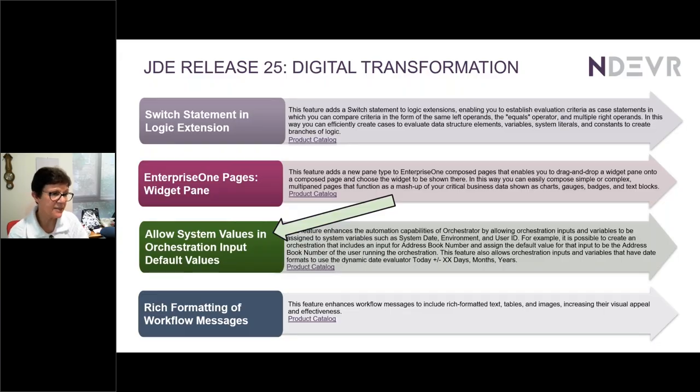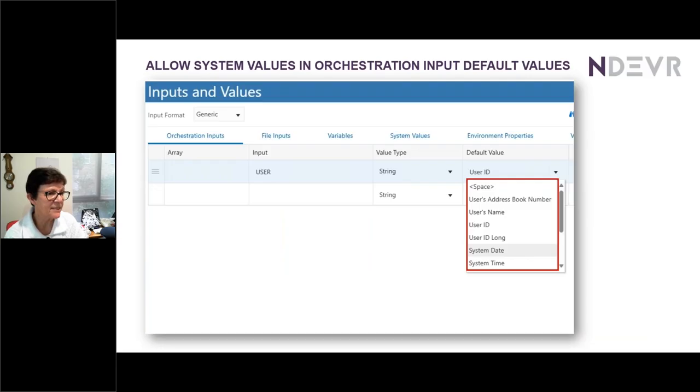Oh, this is a nice one as well. You can now define system values as defaults in your Orchestrator inputs. So basically on your Orchestrator inputs under default values, you can get a list of system values that you can pick from. That means you might pass through only the logged in user, or the logged in user's address number, or the system date.